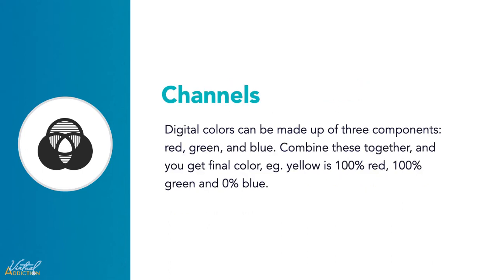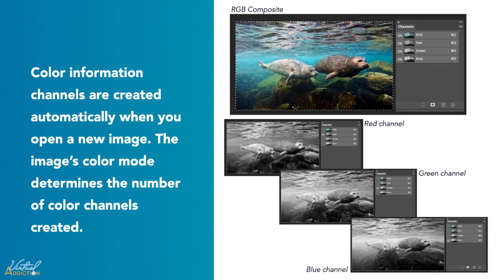When we're speaking about digital images, we have 3 color components, red, green, and blue. When we combine these together, we'll get the final color. RGB images have channels for each color, red, green, and blue. Plus, they contain a composite channel, which is used for editing the image.